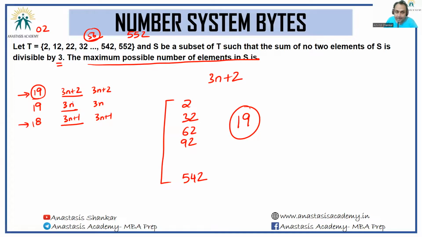Can I add one additional element from this group? Say, let me take one multiple of 3 here. Let me take 12 here. Now, even if I pick up any two numbers within this list, will the summation be divisible by 3? Of course, it will not be. And therefore, that is perfectly all right. The answer to the question is 19 plus 1, 20.